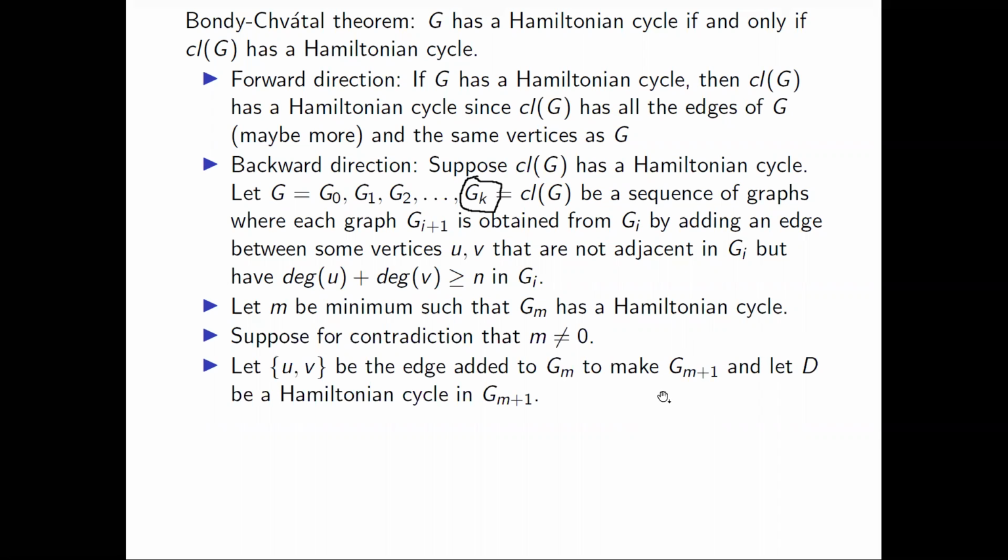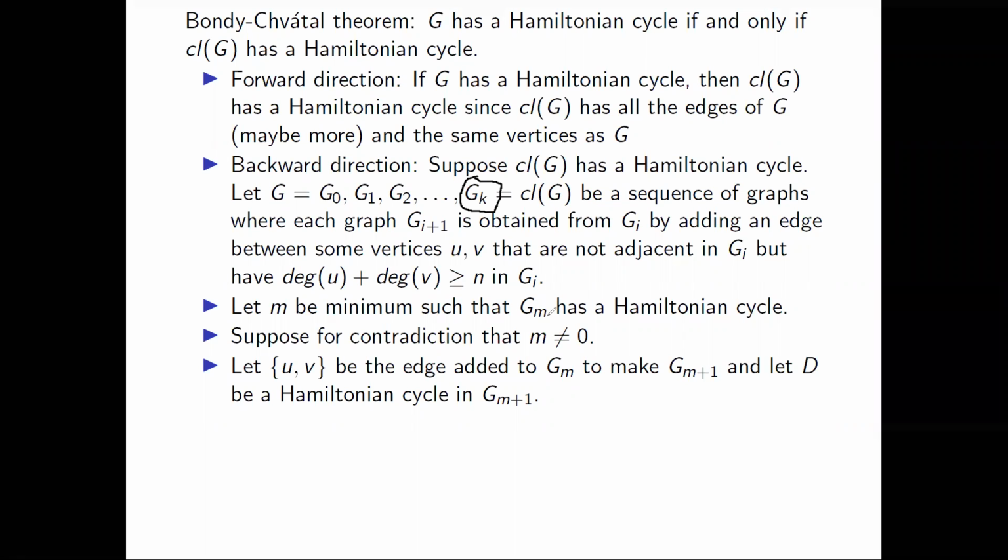And we're going to say that UV is the edge that was added to G of M to make G of M plus 1. And we'll say that M is a Hamiltonian cycle in G of M plus 1. And I'm going to quickly correct a small typo here.